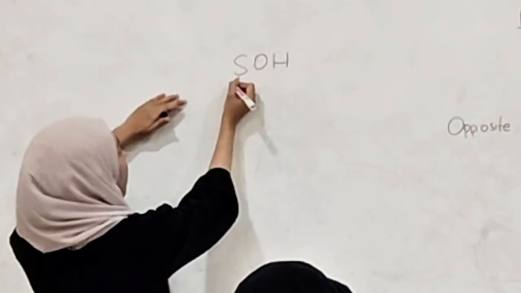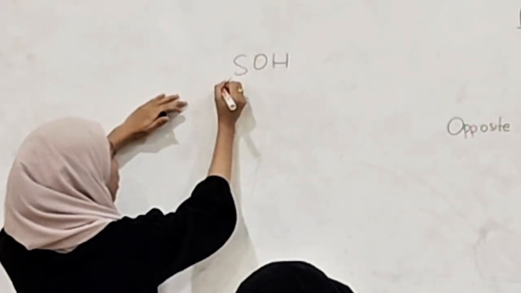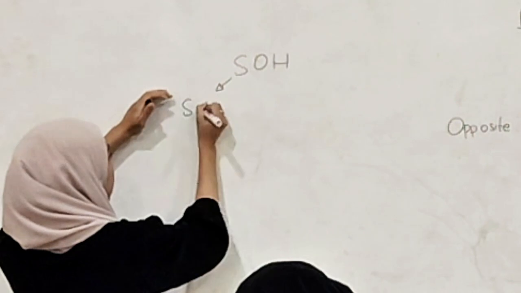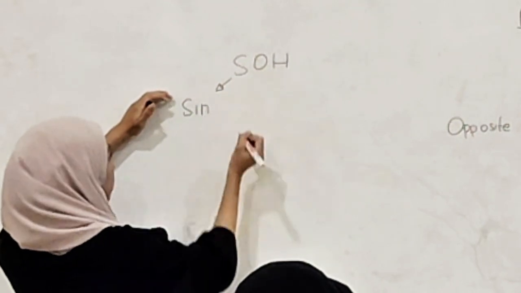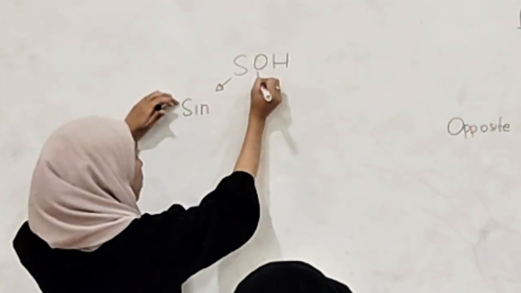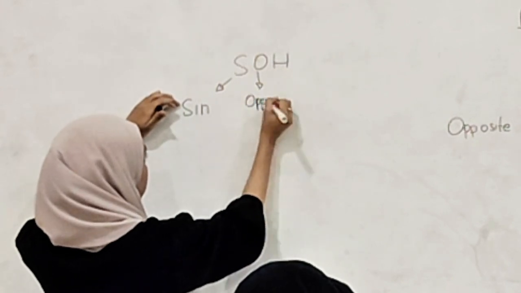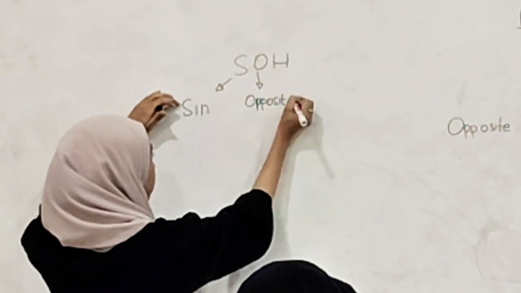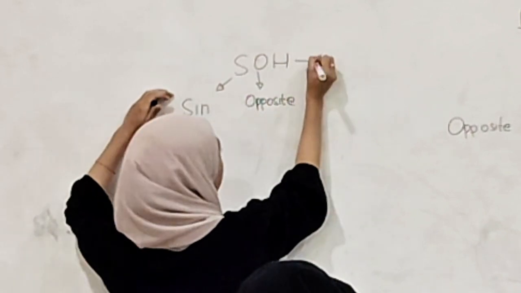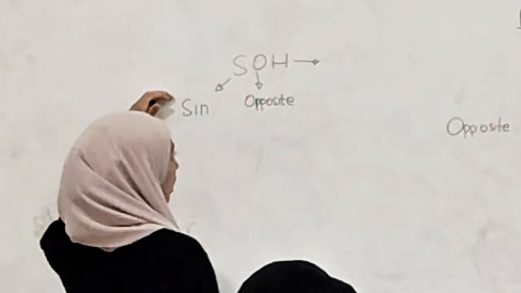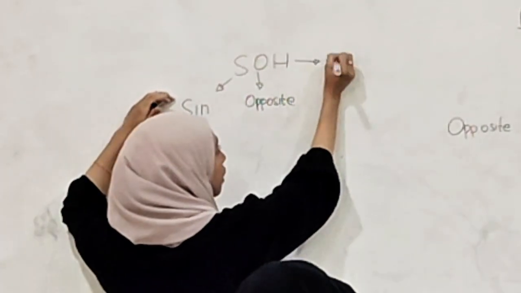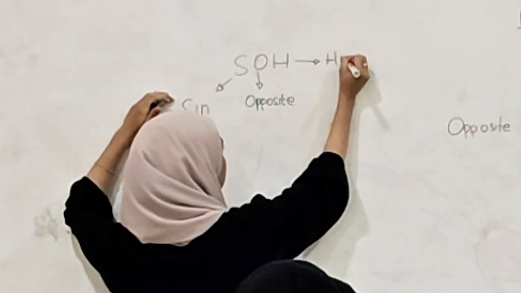The letter S is for sin, O is for opposite, and H is for hypotenuse.